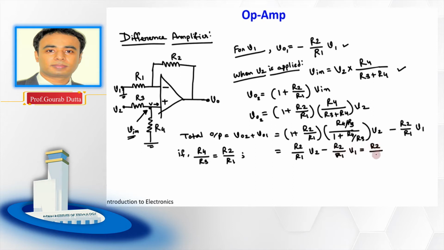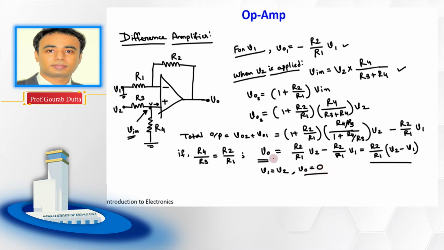Now if we simplify this, then what you can see is that the output voltage is equal to R2 by R1 into V2 minus V1, right? And if V1 is equal to V2, that means the same input is being applied to this inverting terminal and this non-inverting terminal, then the output voltage is expected to be 0, right?